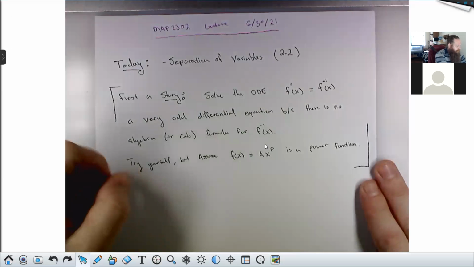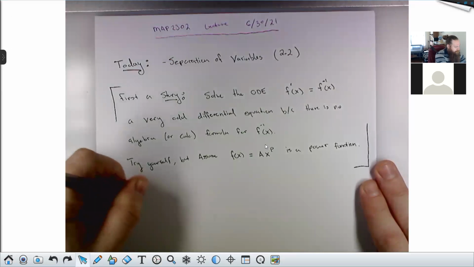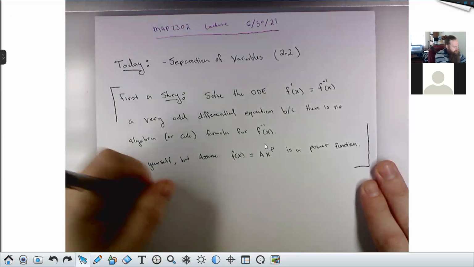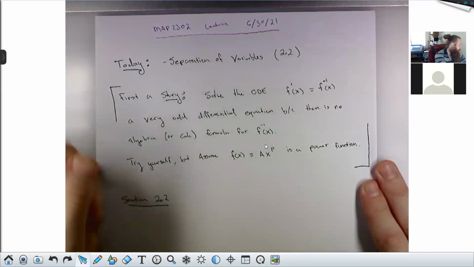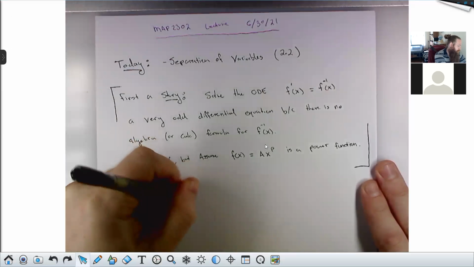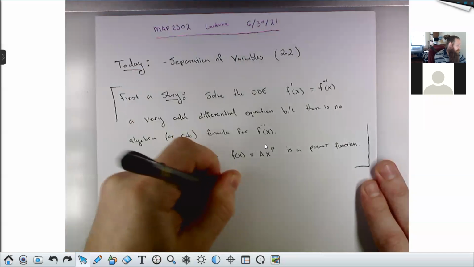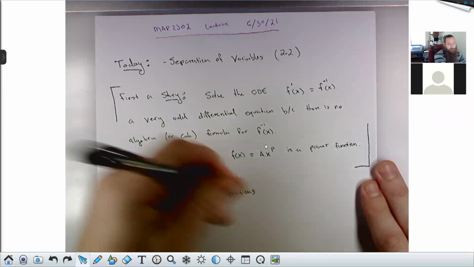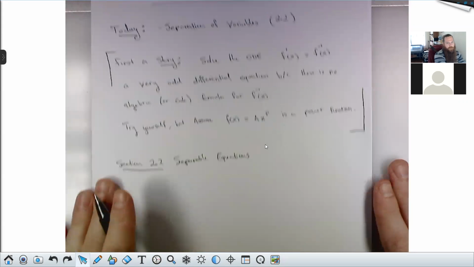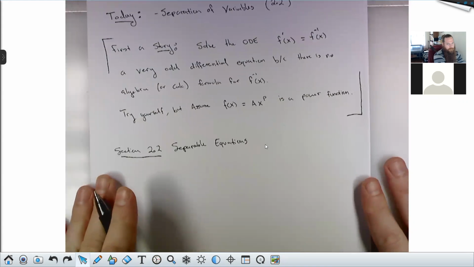Separable equations. So today we are talking about separable differential equations.